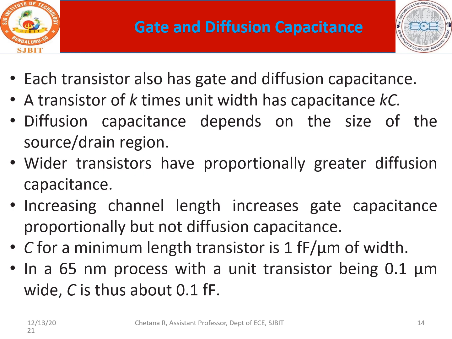Wider transistors have proportionally greater diffusion capacitance. Increasing channel length increases gate capacitance proportionally. When you consider a minimum unit transistor in a 65 nanometer process, it is 0.1 micrometer wide and C is 0.1 femtofarads.